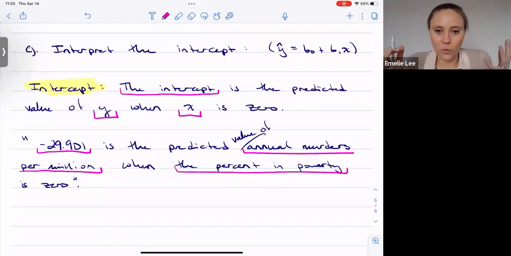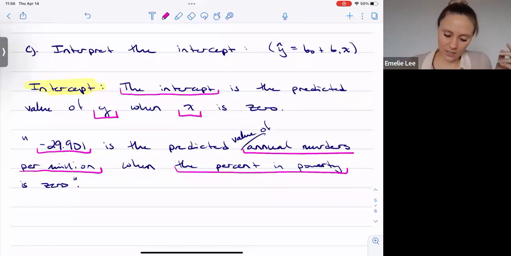It's just where it crosses the y-axis. It doesn't mean anything. And how we get to the bottom of that is, can x be 0? At the y-axis, x is 0, and that's the definition of the y-intercept. So really what I'm asking is, can x be 0? Is that a reasonable value for x?